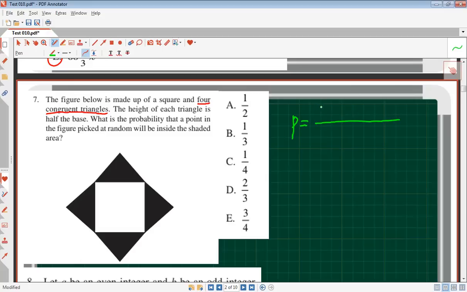We need to calculate the sum of the areas of the 4 triangles, divided by the total area.